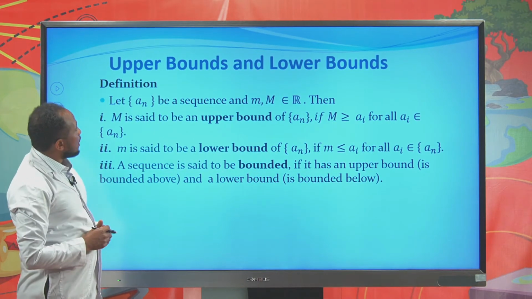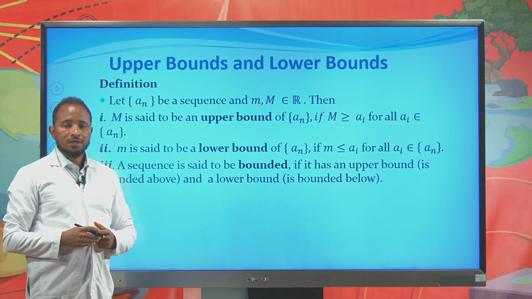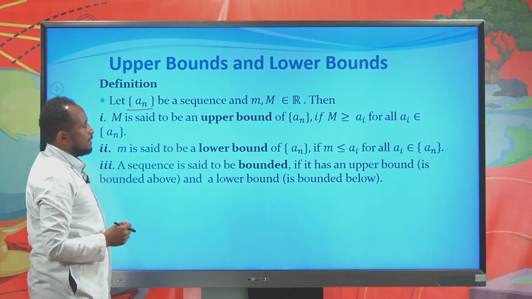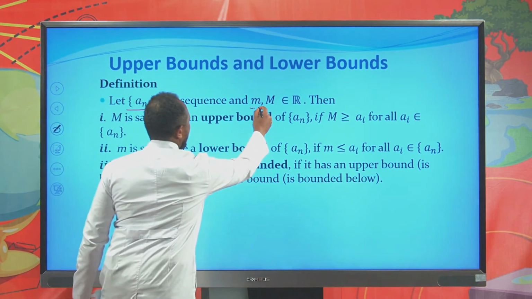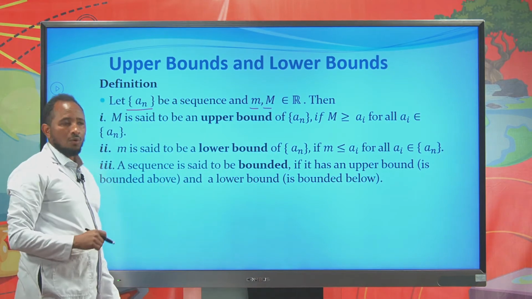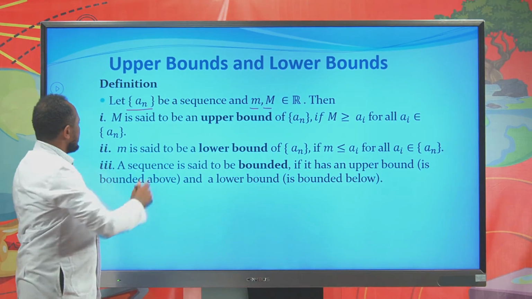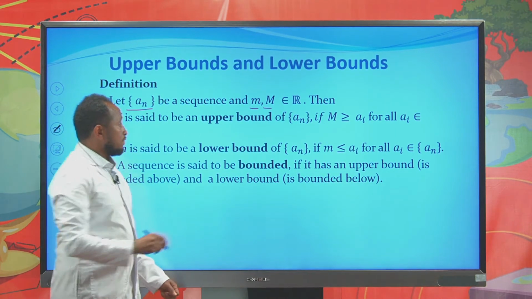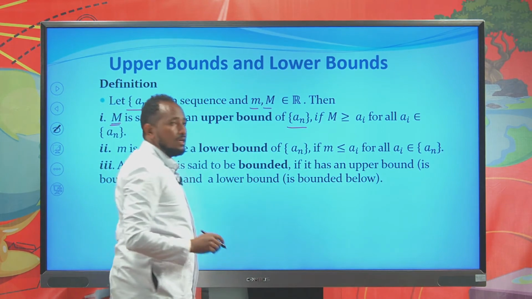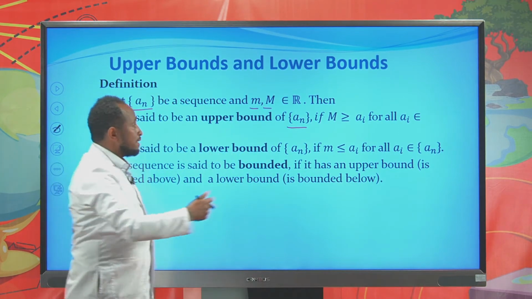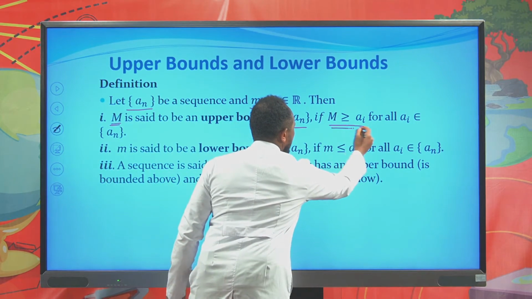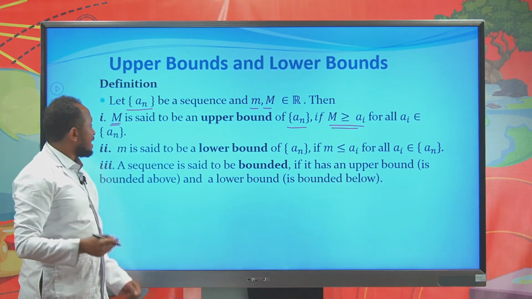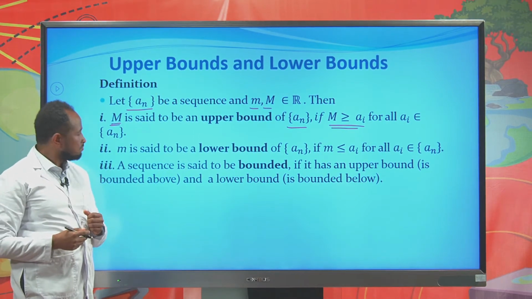Let's see about upper bounds and lower bounds. Let's see the definition. We have this sequence a_n, and these two small m and capital M elements of real numbers. Then this capital M is said to be an upper bound of the sequence if this M is greater than or equal to all elements of the sequence, or a_i, where a_i is an element of the sequence.